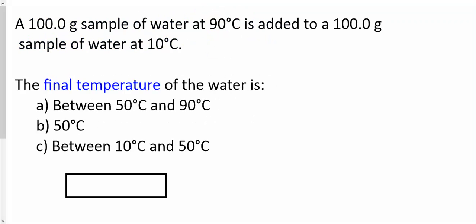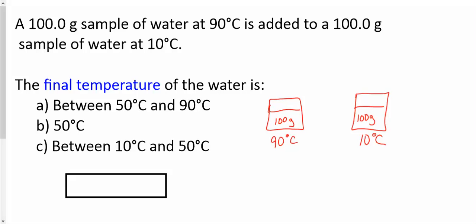Let's try a few sample problems. A 100 gram sample of water at 90 degrees is added to a 100 gram sample of water at 10 degrees. The final temperature of the water is what? You can work this problem without really using any math. They tell you that you have equal amounts of water. They're both the same substance.